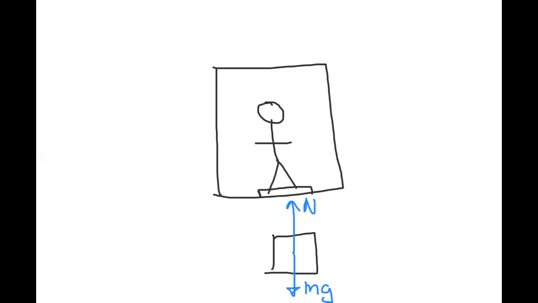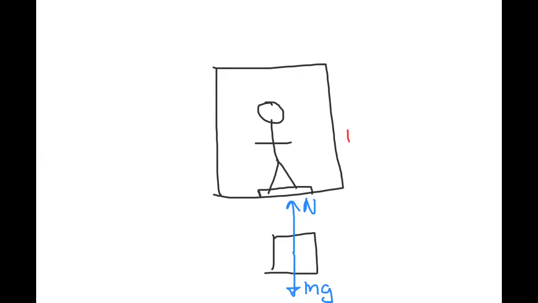It is my contention that this N is the weight of the person and this mg is not the weight of the person. Mg may be the weight of the person, but N is always the weight of the person.